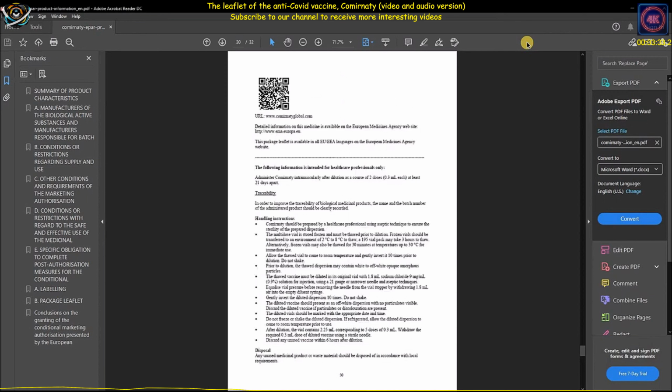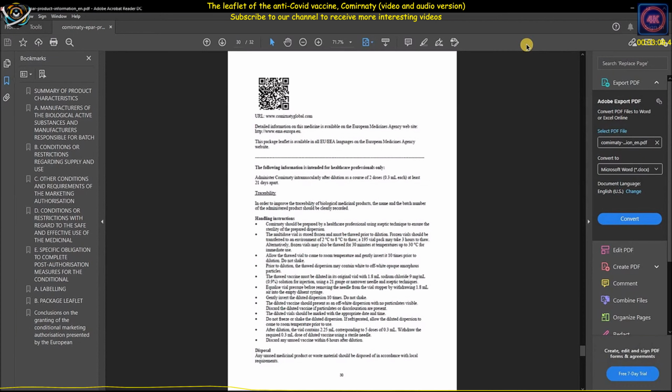URL: www.comirnatyglobal.com. Detailed information on this medicine is available on the European Medicines Agency website, http://www.ema.europa.eu. This package leaflet is available in all EU/EEA languages on the European Medicines Agency website.